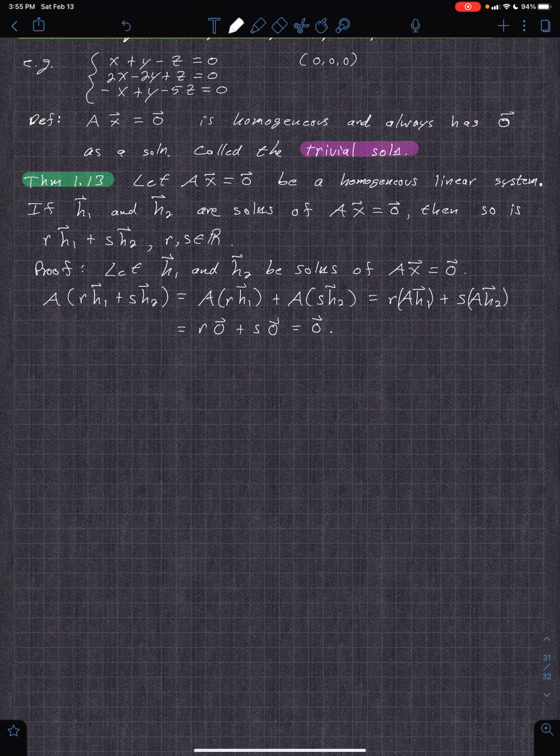So we can generalize this theorem, which is corollary 1.13. So let me finish this up. Thus, RH1 plus SH2 is a solution to AX equal to 0. And that's true for all S and R in the reals.